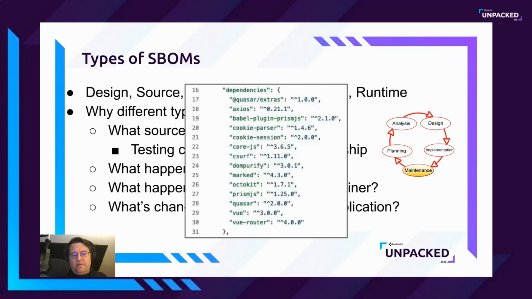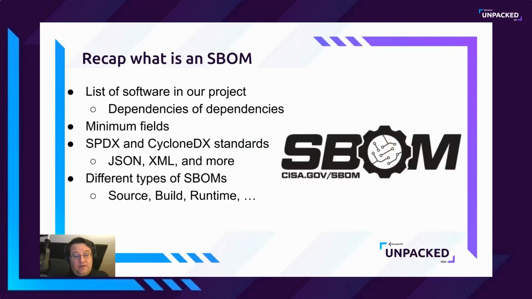So I might think I'm getting 1.0.0, but I might get 1.0.1. And it gets even more complicated because I might install 1.0.1 today, and then I might do some more development and I might reinstall all the updates. I might get version 1.0.2. So you can see why these different types are actually a really important aspect of dealing with SBOMs and how they all fit together.